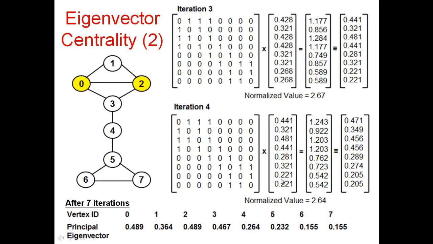We do the multiplication and find the normalizing value, which is the square root of the sum of the squares of the entries here. Then divide each entry by that normalizing value. So 1.243 divided by 2.64 is 0.471, 0.922 divided by 2.64 is 0.349, and so on.